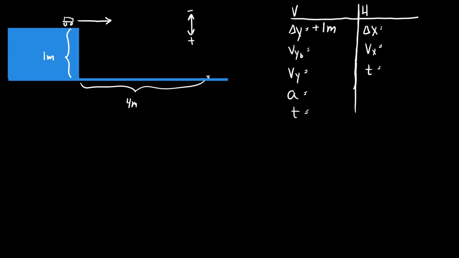Let's see. 27. Where's that? Can you guys give me something for this chart? Starting velocity for y would be 0. Sure, the table is horizontal, so the car, when it leaves the table, is not moving up or down, so I think that's a good choice. Excellent.